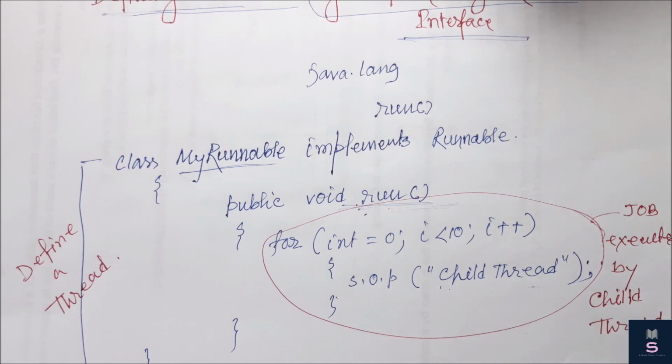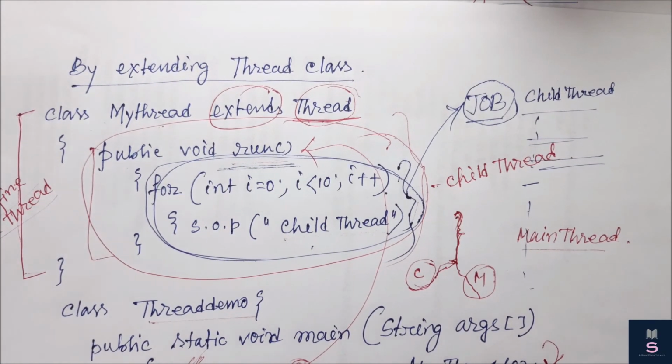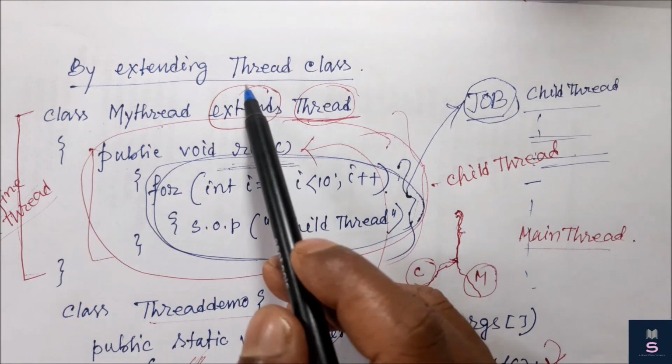Whether we go for extending the Thread class or implementing the Runnable interface. You can see that if I want to create a thread by extending a class, we cannot extend more than one class. There is already an extension of the Thread class.